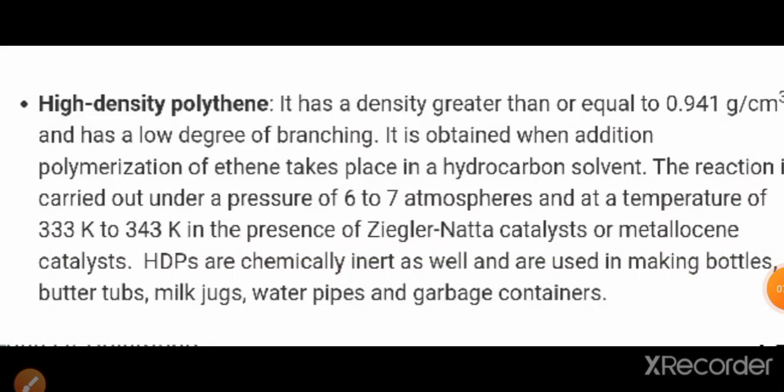Now high density polyethylene has a density greater than or equal to 0.941. The name high density is given to this polymer due to its density being higher than that of low density polyethylene.